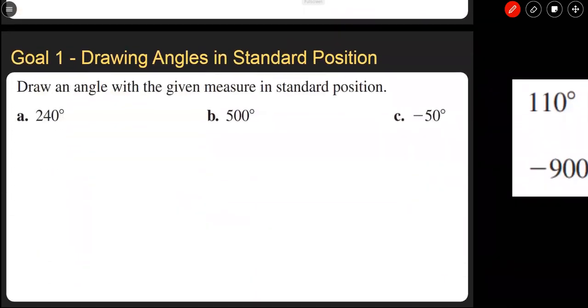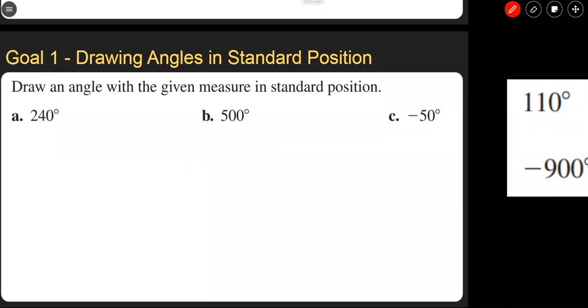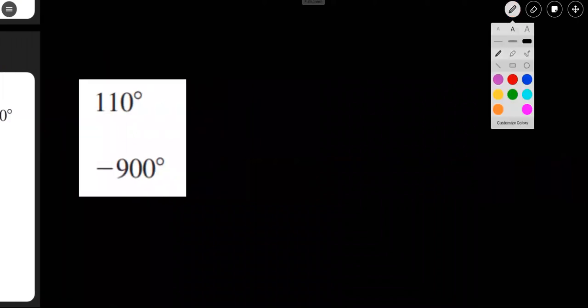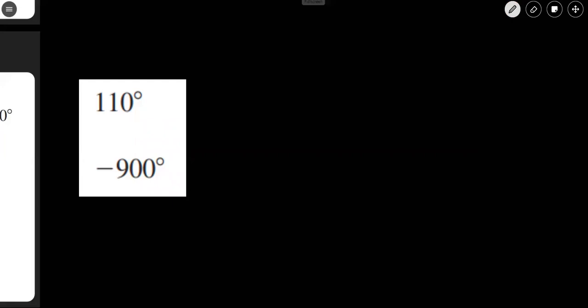So in class, we drew some angles in standard position. I'll go ahead and do these very quickly, some more examples of these. Again, we're really just sketching these. It doesn't have to be exact, but the first one is 110 degrees. Let's use the line function, so this looks a little bit nicer. So there's my XY plane, and I want to draw a 110 degree angle in standard position. My initial side is pointing to the right at 0 degrees here.